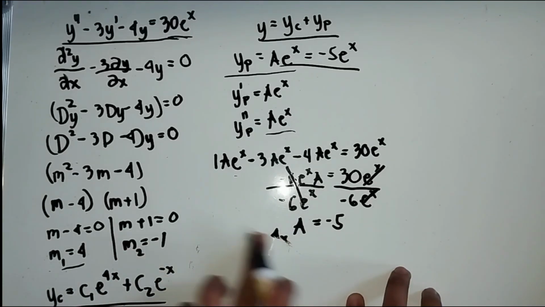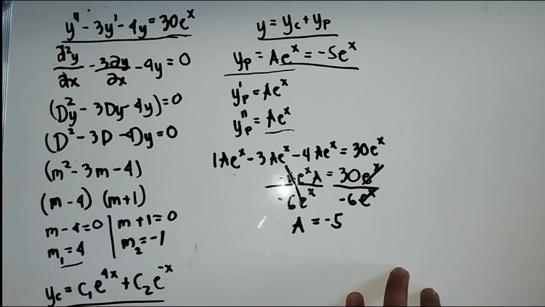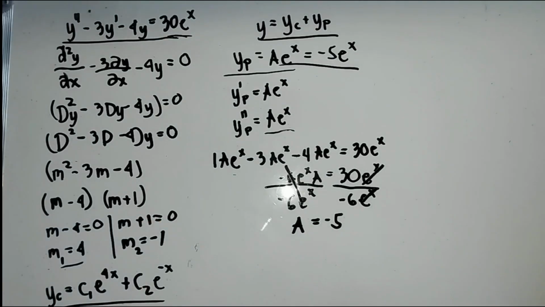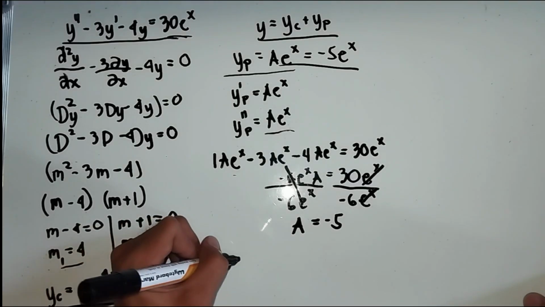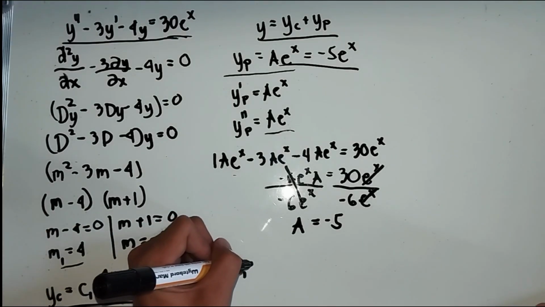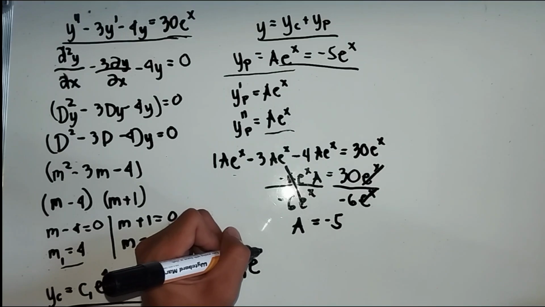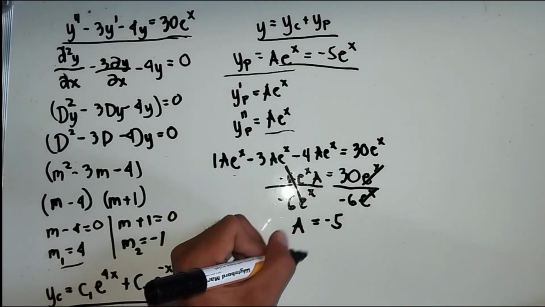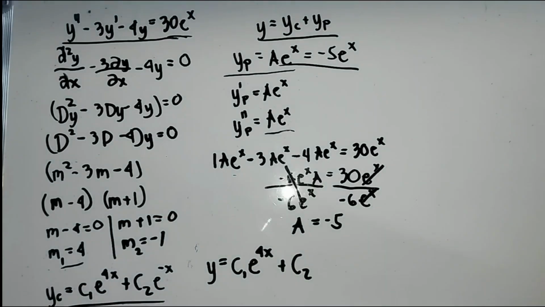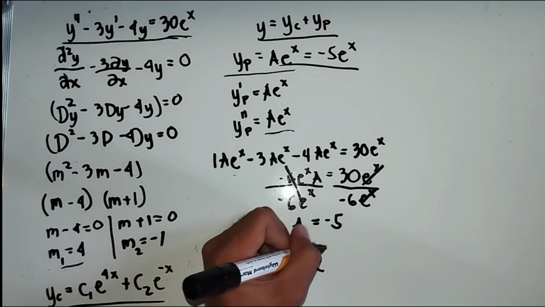So y is equal to c sub 1 e to the power of 4x plus c sub 2 e to the power of negative x.